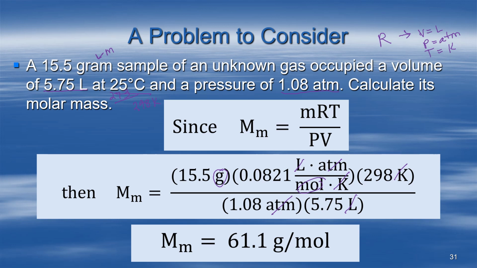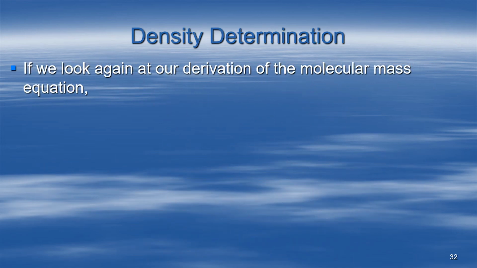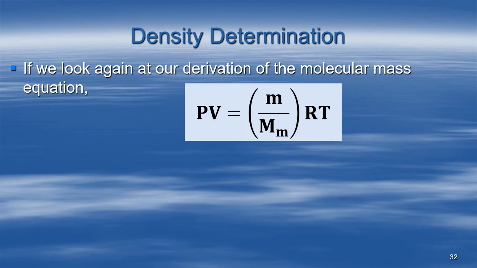We could probably identify what the gas is because we may know approximately the formula. But this is just a variation on the ideal gas law. We can do one more derivation.